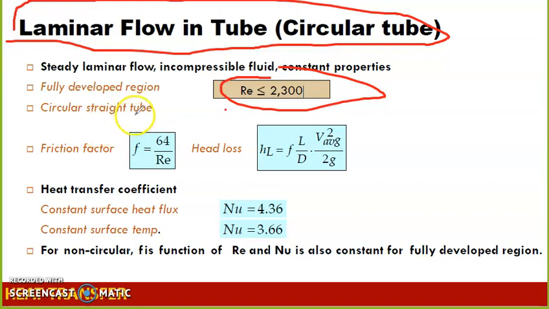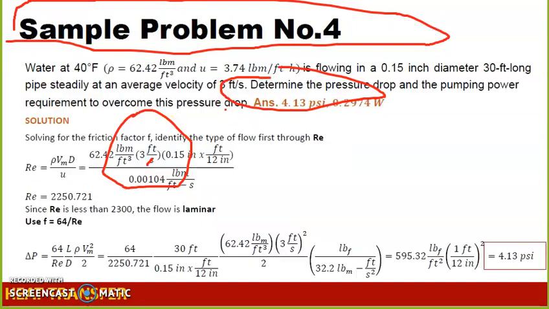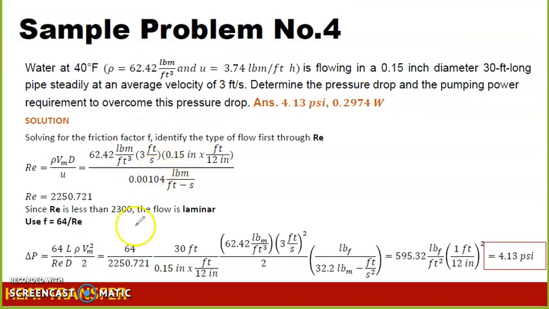For a circular tube, the friction factor is given as 64 over the Reynolds number. So this is our formula for finding F. Since we already computed RE, we just divide 64 by RE. So F is therefore 64 over RE.